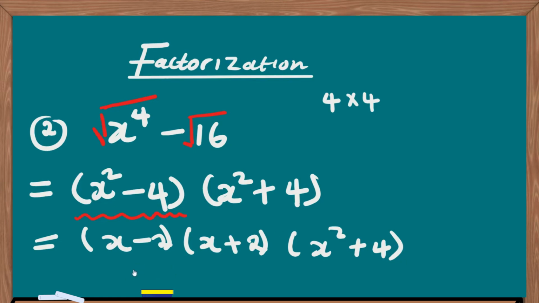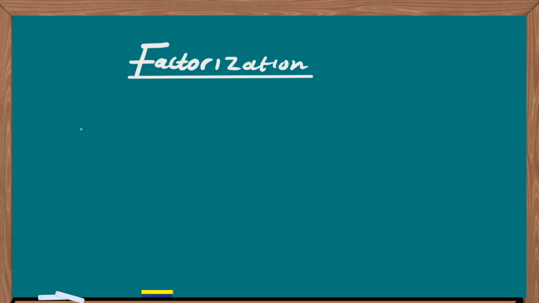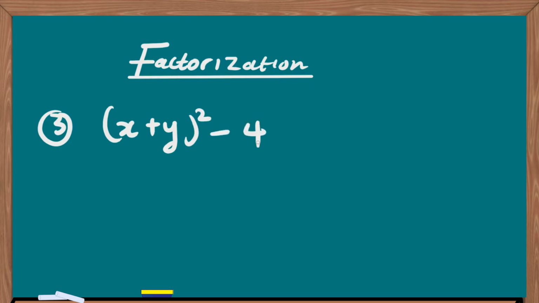Let's take another question. Question number 3: x plus y, all squared, minus 4. You are always welcome to pause and try it. How would we solve this one? It's the same way. For x plus y in brackets, you can still find a square root.